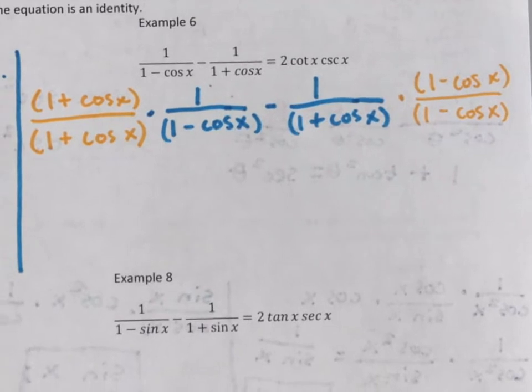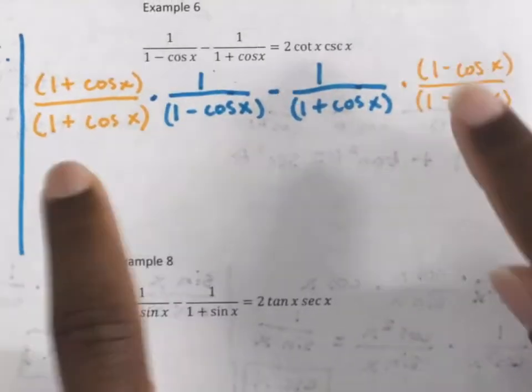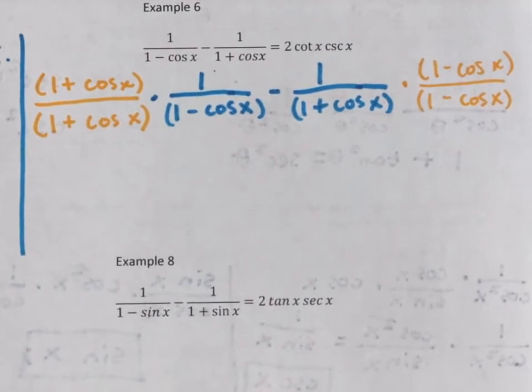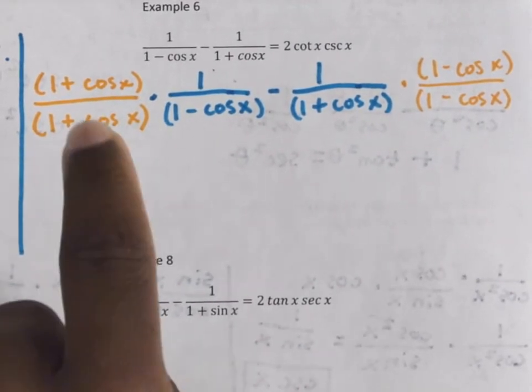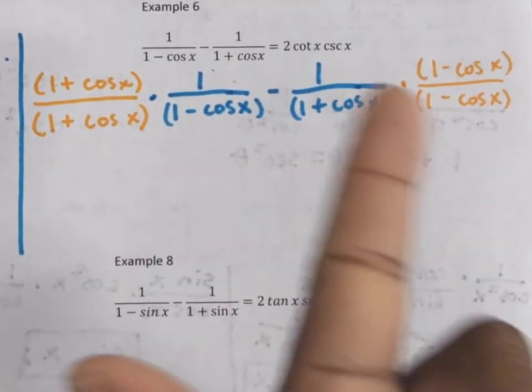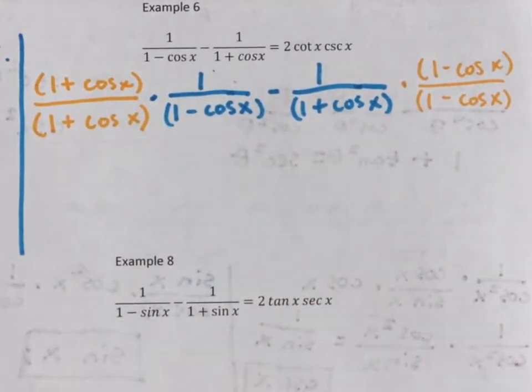So the blue is my problem. The orange is what I'm multiplying each side by individually. I could multiply each side by something different because essentially I'm just multiplying this side by 1. So the value doesn't change. Same thing over here. Value doesn't change.